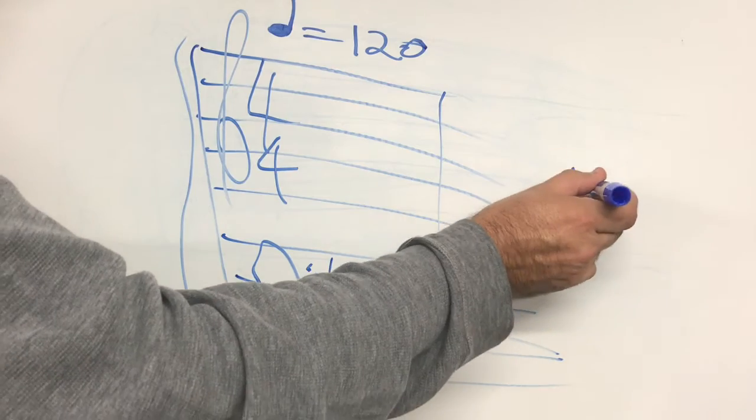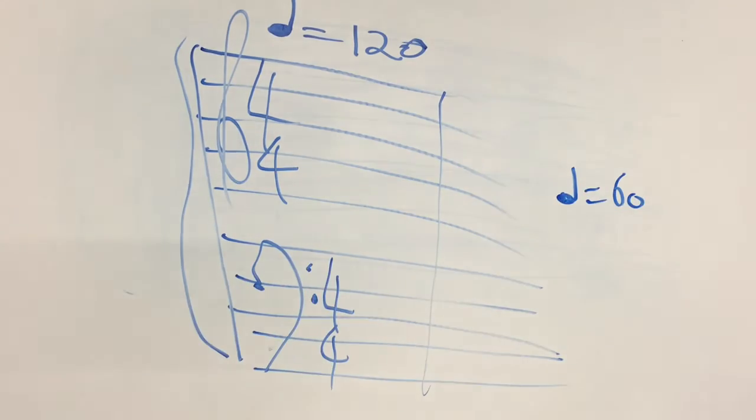If we had crotchet equals 60, every time the second hand on your clock or watch ticks, that's a beat. 60 seconds in a minute. And if we had crotchet equals 60, that would be 1 beat every second. So it would literally be 1, 2, 3, 4, 5, 6, 7, 8, counting through to 60 seconds in a minute.